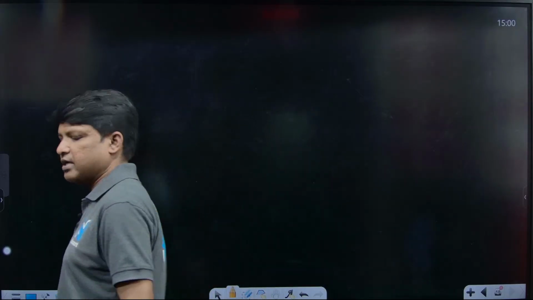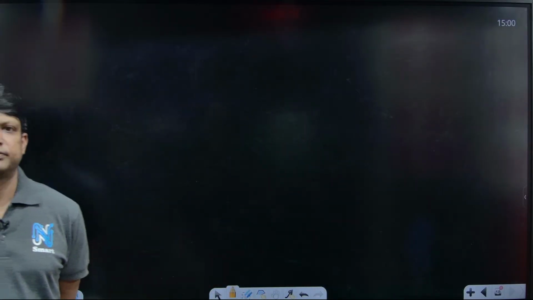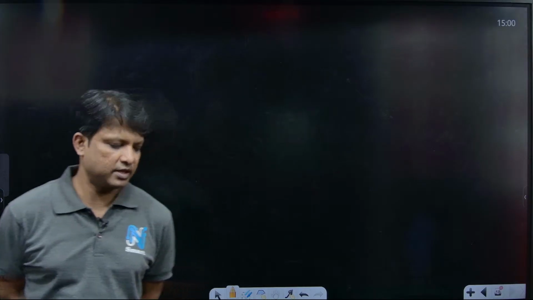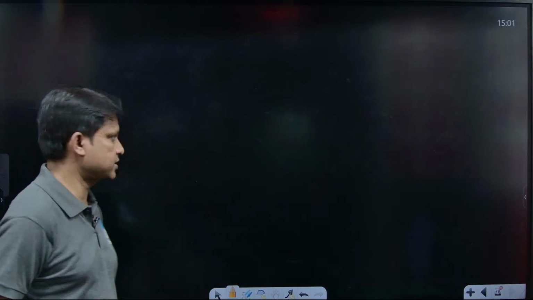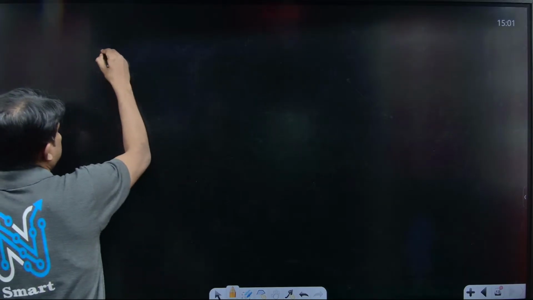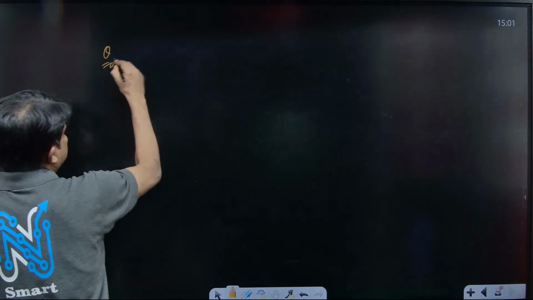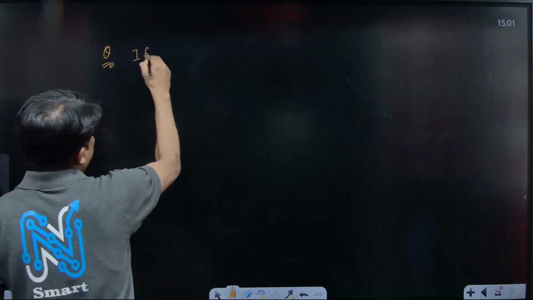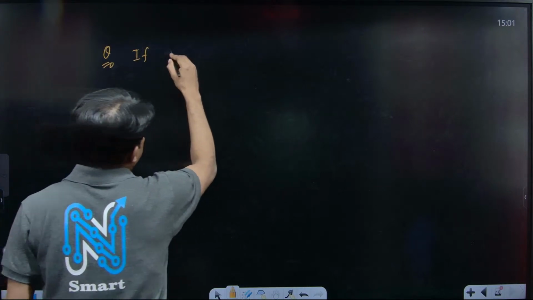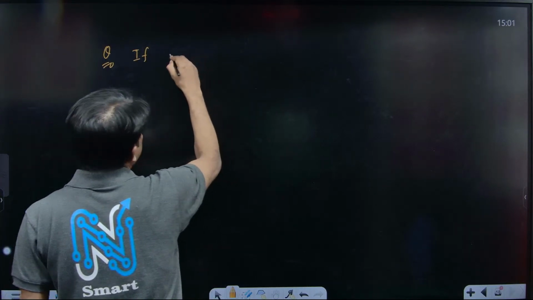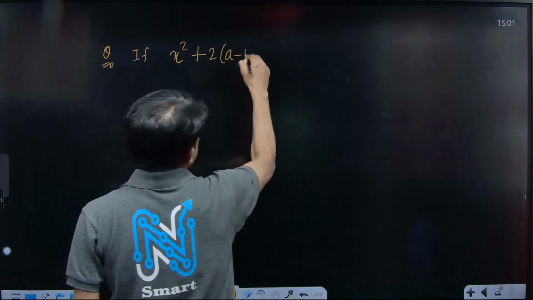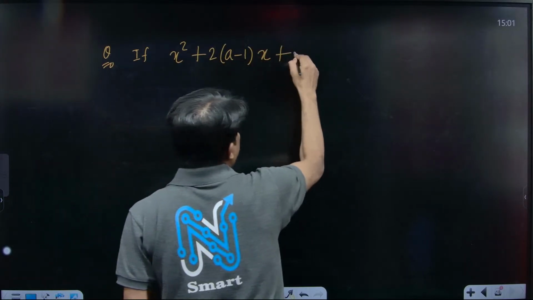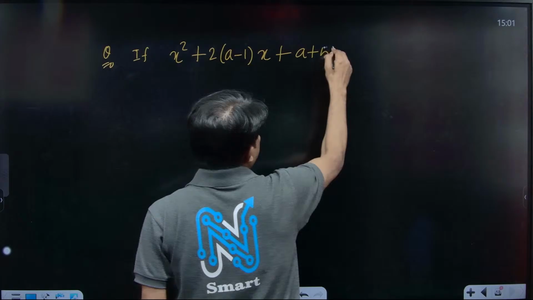Let us assume one quadratic expression: x square plus 2 into (a minus 1) into x plus a plus 5 equal to 0 has both roots real.